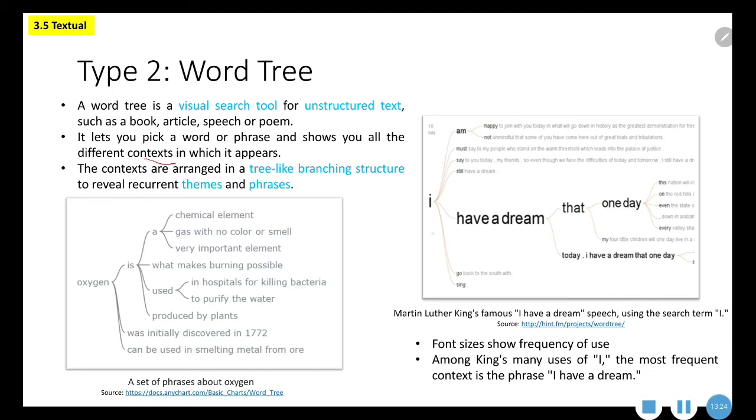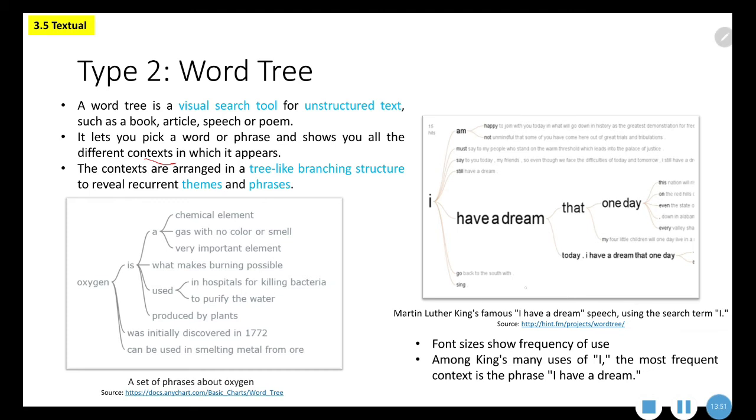For example, "I have a dream that one day this nation will," "I have a dream that my 4 little children will one day live in a," "I have a dream today," and "I am happy," "I am not," "I must say." So this is how we can represent text in a word tree.